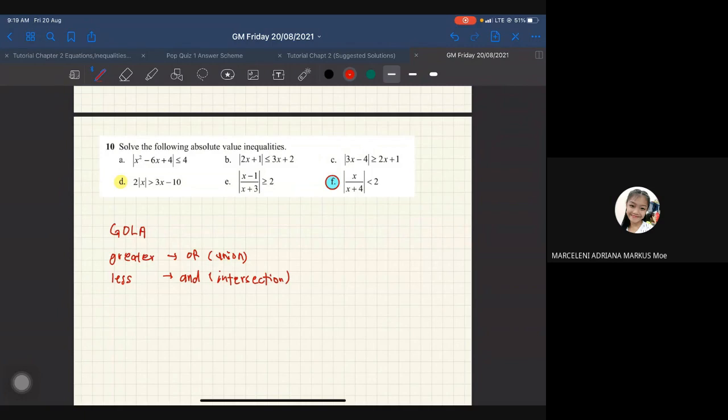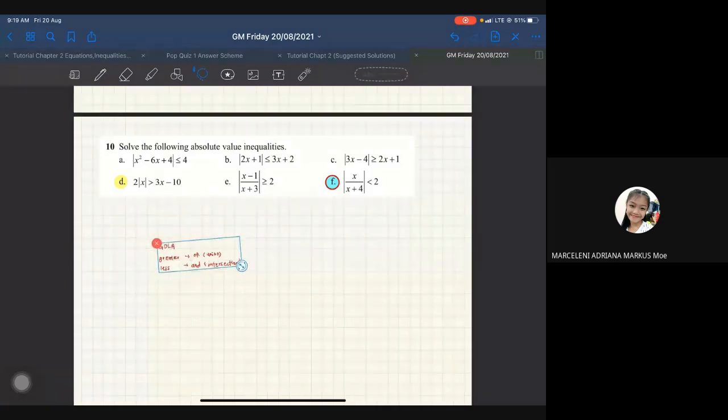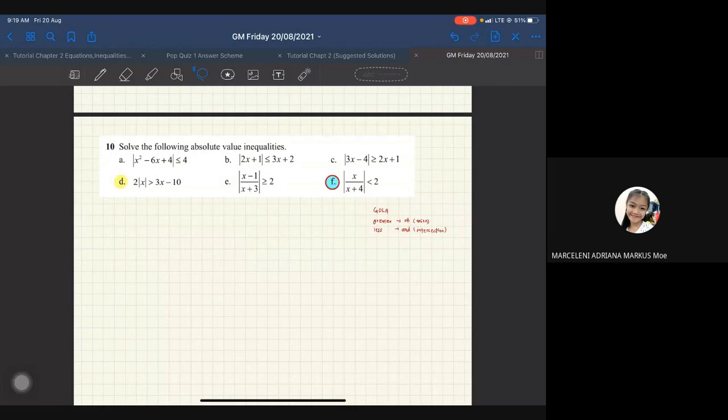Okay, so untuk soalan nombor 10, dia ada berapa case kat sini? Kalau saya tengok, 1, 2, 3, 4 case. Okay, so dia ada 4 case. Okay, so saya akan explain yang paling ramai undi dulu.